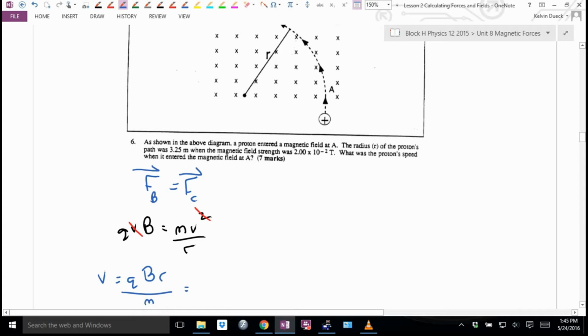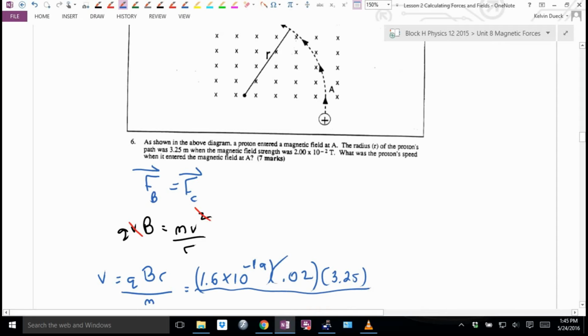Okay. Q. It's a proton. 1.6 times 10 to the negative 19. B in Teslas, 0.02, that's 2 times 10 to the negative 2, but that's less writing. R, 3.25.